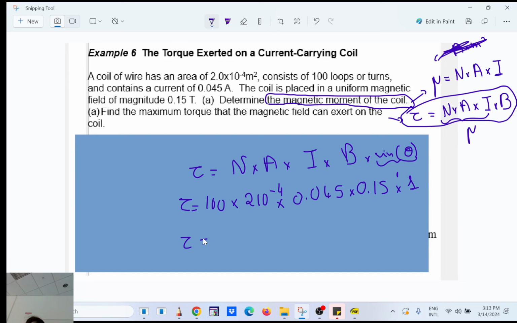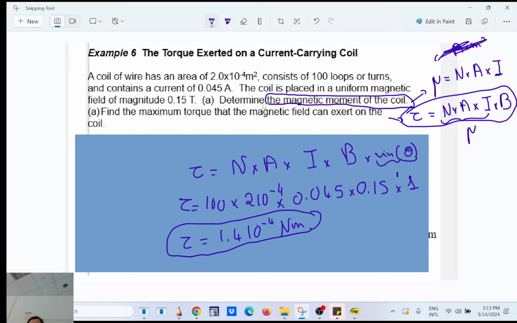So that's 1.4, yeah, Newton meters. Did you all find that? Right?